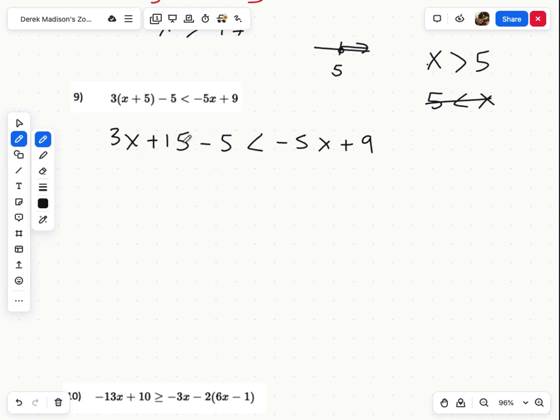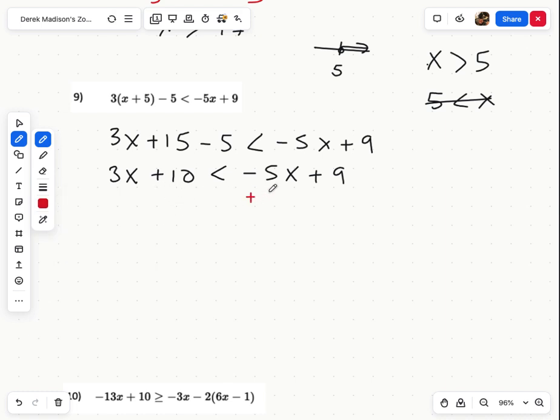So holding with the plan that we want to collect everything we can before we move stuff left or right of the inequality, let's rewrite this as 3x, 15 minus 5 would give us a 10 right there, less than negative 5x plus 9. And then I'm going to do this one all in one step just to show that.